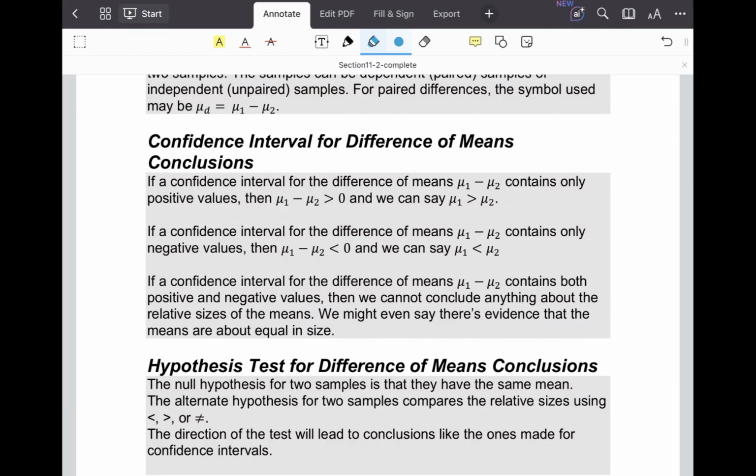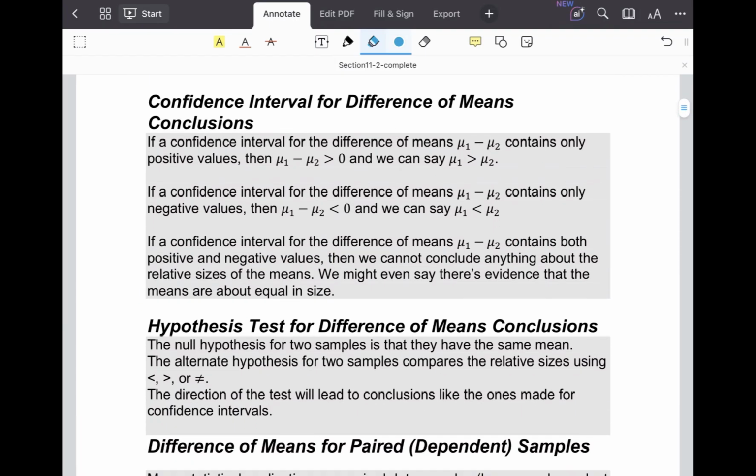If the whole confidence interval is negative, we can say mu1 is less than mu2. And then if it contains 0, both positive and negative numbers, it's kind of the same way to say that, then you can't make a conclusion about the relative size.